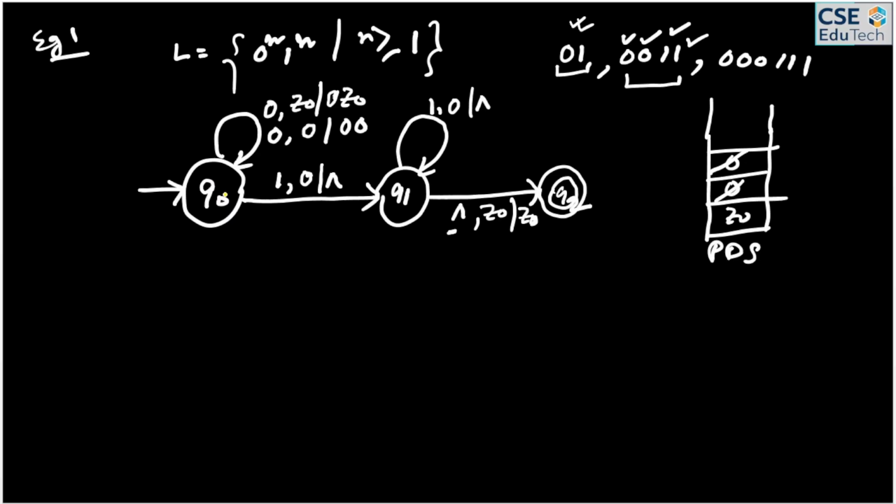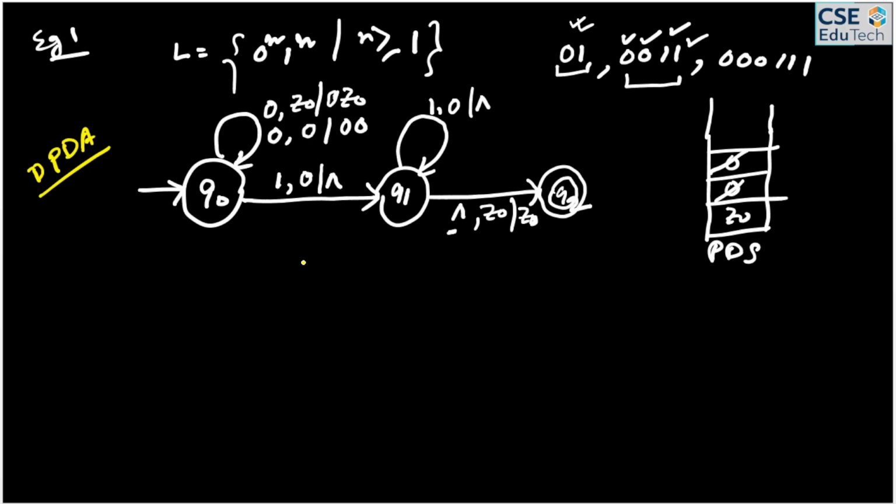And condition number 2, when a null move is available, no alternative input-consuming move is available. So it is a deterministic pushdown automata or DPDA. Both the conditions are satisfied by this pushdown automata. That's why we call it a deterministic pushdown automata.